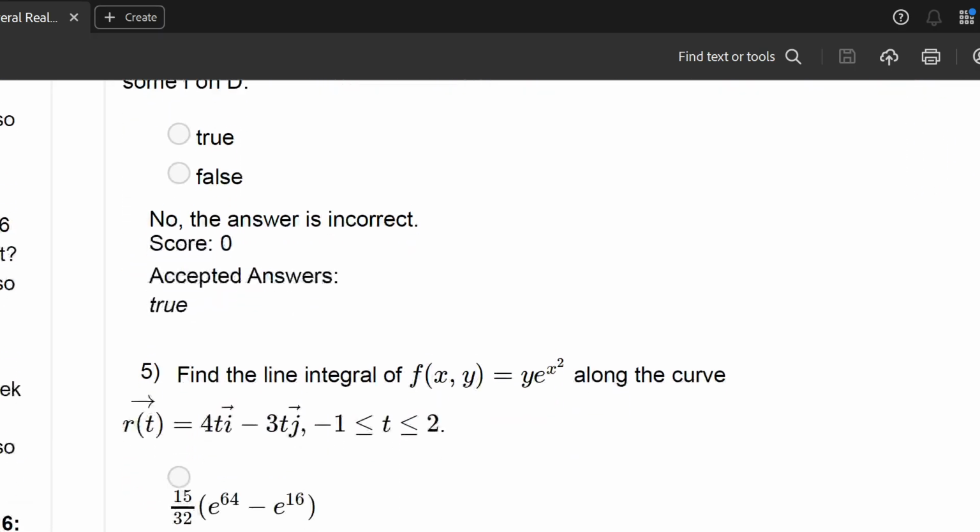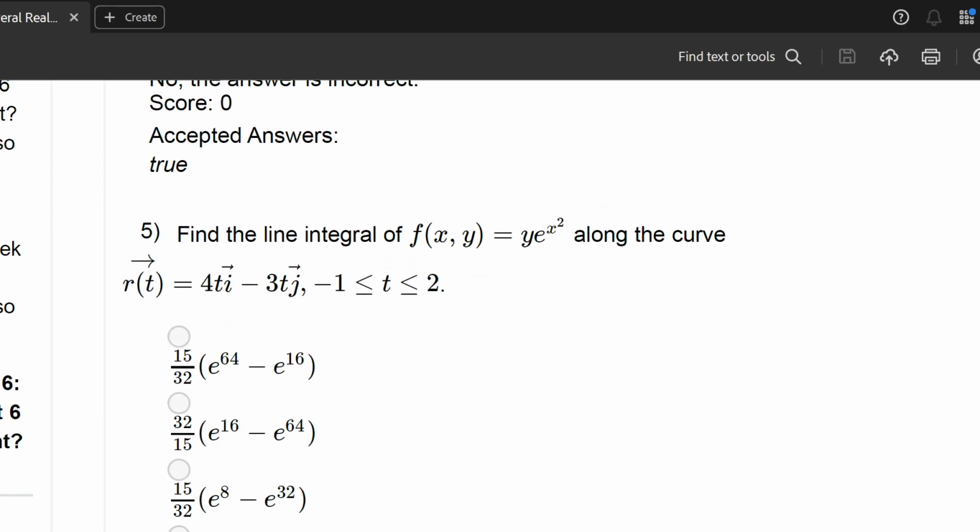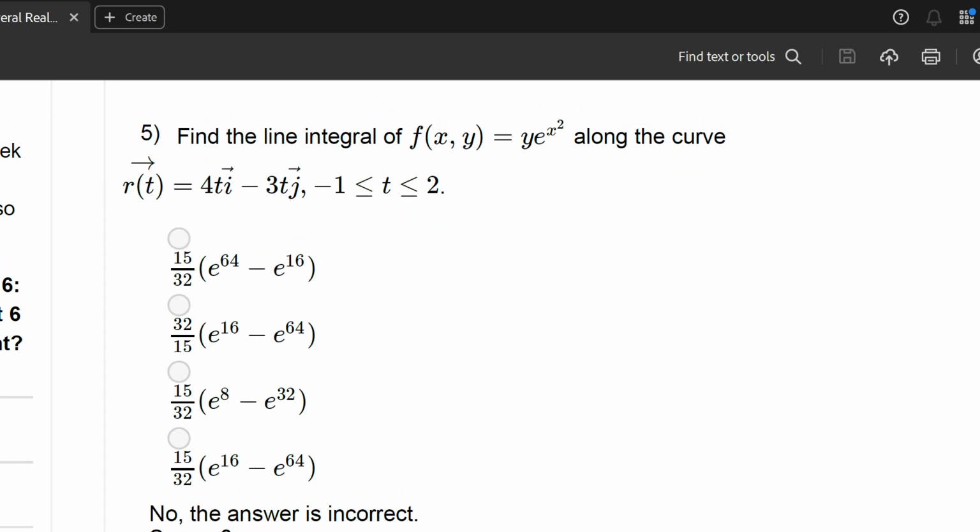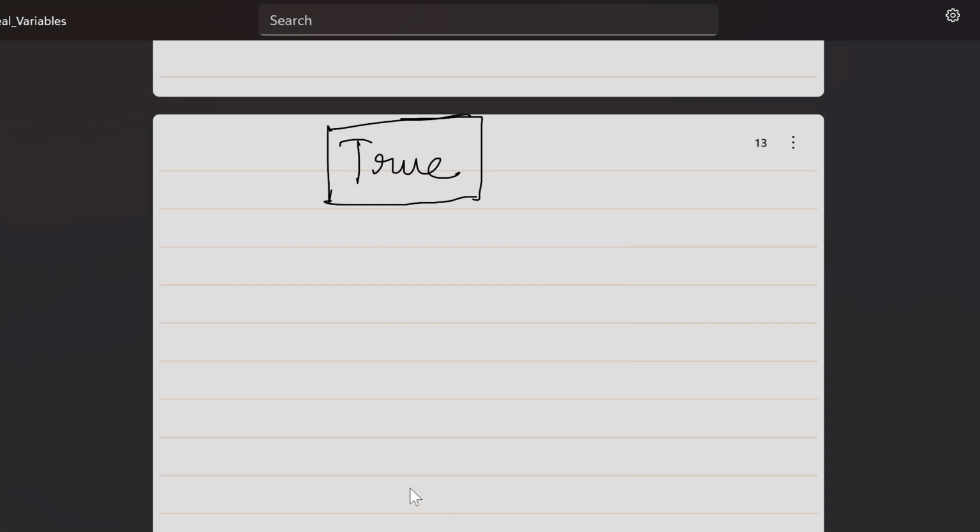Okay, so here also again you have to find a line integral along a curve. Question number 5.